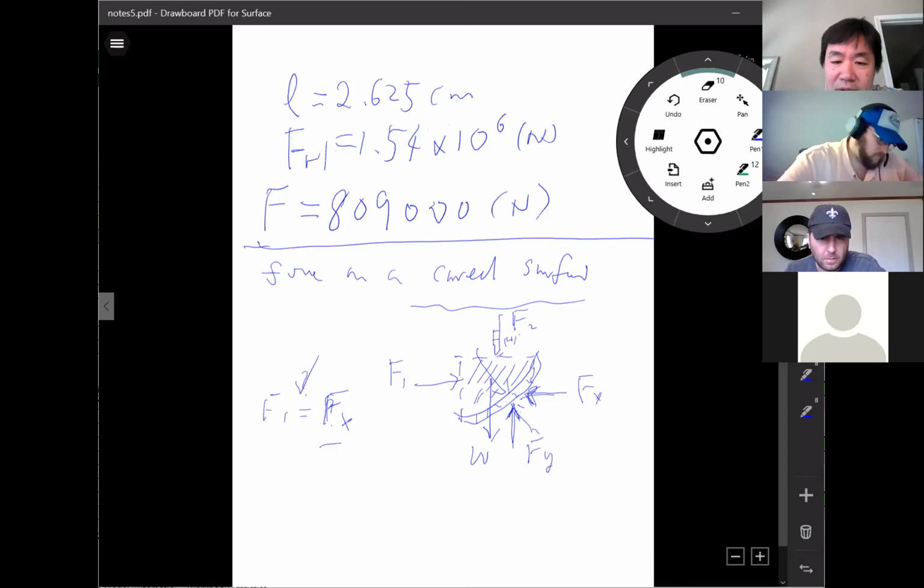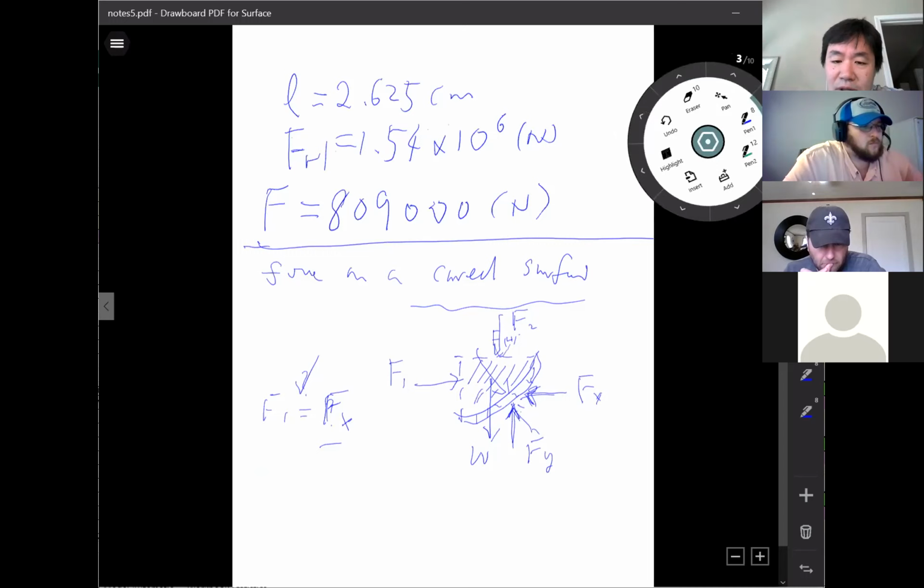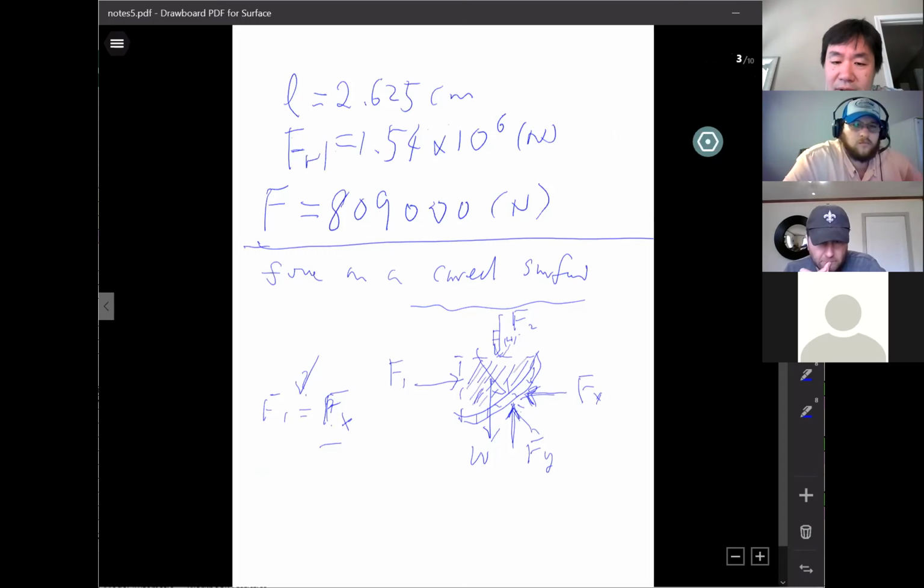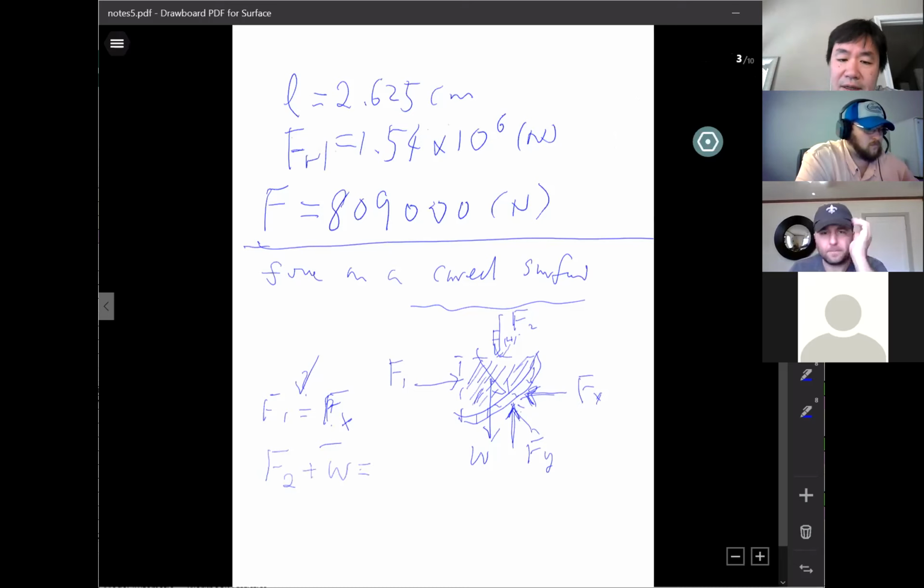Look at the arrows. F2 is going down, right? And the water gives a weight, also going down. Your Fy is the supporting force going in the opposite direction. F2 plus W equals Fy.